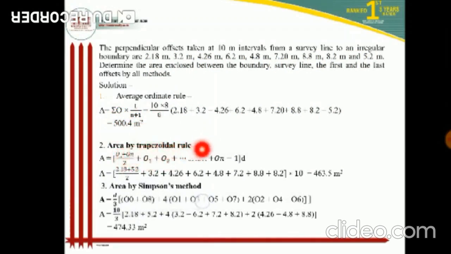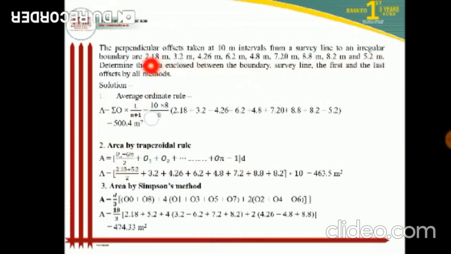After that, the trapezoidal rule. The formula for calculation by the trapezoidal rule is area is equal to (O0 plus On) divided by 2 plus O1 plus O2 plus up to On minus 1, into D. So O0 is the first reading and On is the last reading.